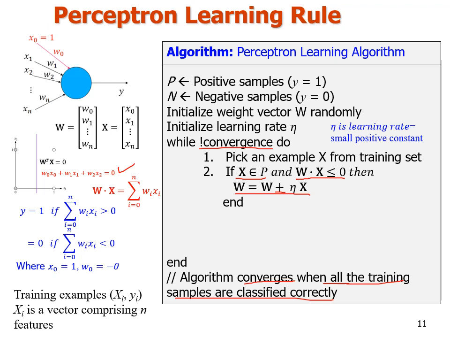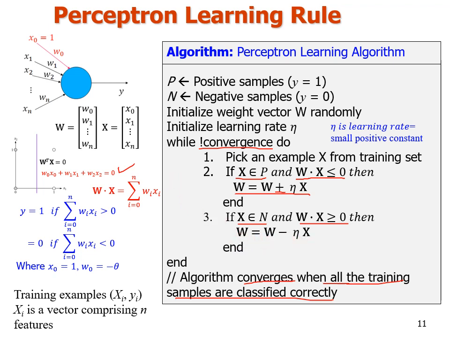If actually the sample belongs to the negative class and the dot product W dot x is evaluated as greater than or equal to 0, that means the sample is negative and it is computed as positive or 0, then here also we need to update the weight vector. And here the expression to update the weight vector is W equal to W minus eta x.